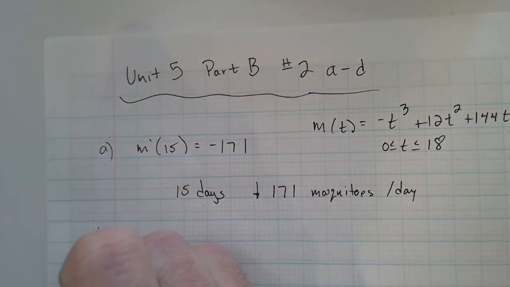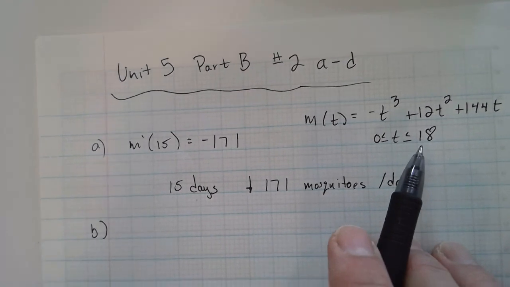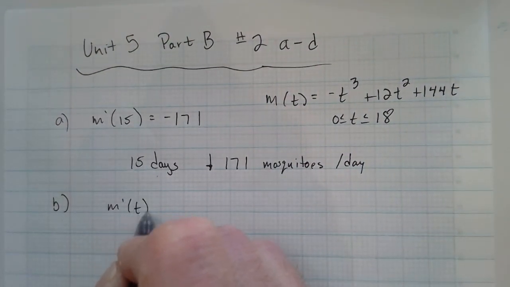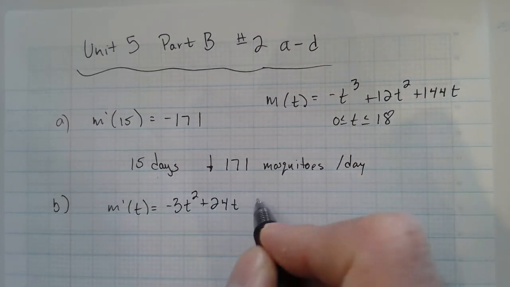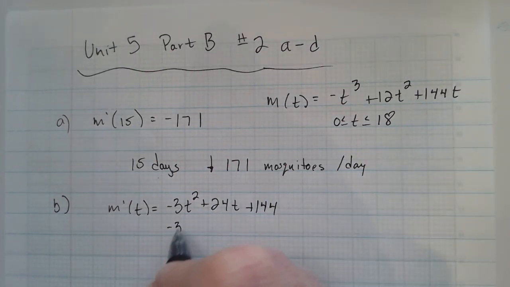All right, part B. Based on the model, what's the absolute maximum number of mosquitoes in the field over the time interval from 0 to 18? Okay, so find our critical points by finding M prime. Negative 3t squared plus 24t plus 144. I'm going to take out a negative 3.